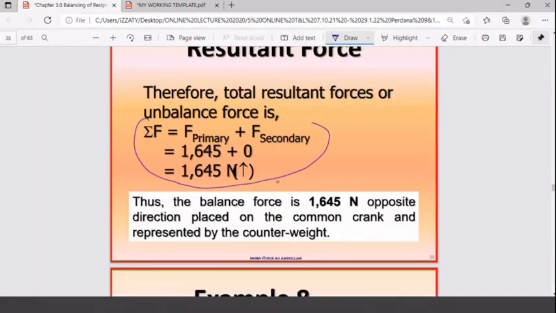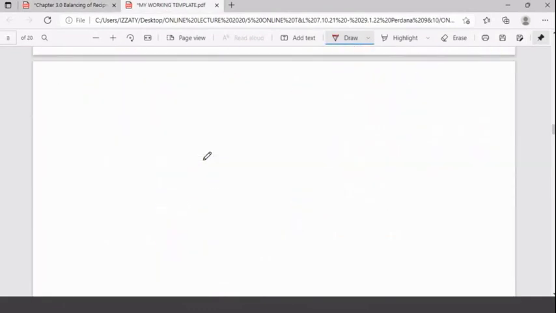So the unbalanced parameter is 1645 Newton pointing upwards. So this one is the unbalanced. So how do you want to balance? You want to balance because you know that from the very beginning the crank is located at 1, isn't it? This one number 1, number 2, number 3, number 4.